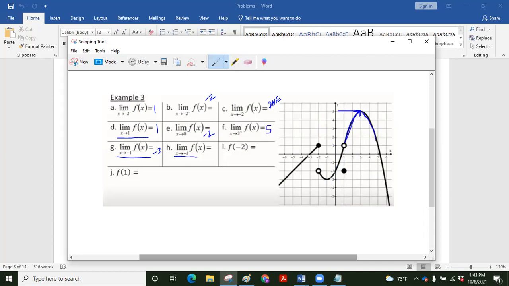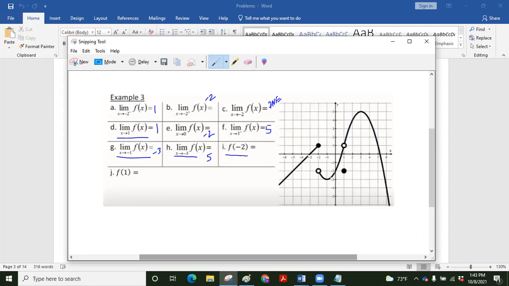Now we're looking at what the limit is as x approaches 3 from the right. We know that's 5. The limit from the left is 5, and from the right is 5, which means the general limit should be the same thing that the one-sided limits are approaching, since they approach the same value. So the general limit as x approaches 3 exists and is 5.